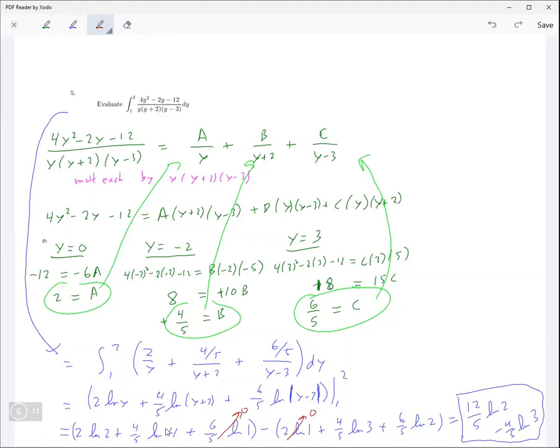And then log 4 is 2 log 2, because that's 2 squared and the 2 comes out in front. So you use that right there. And then you have everything in log 2 and log 3. Okay, any questions on that or anything that we've done so far?